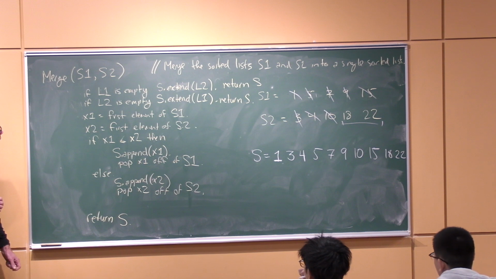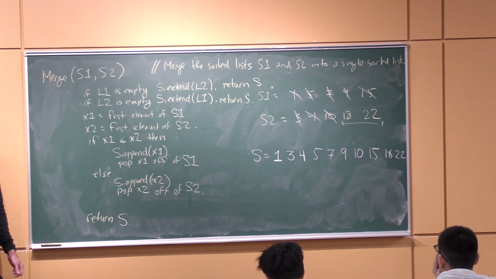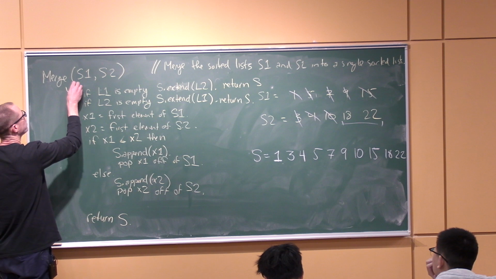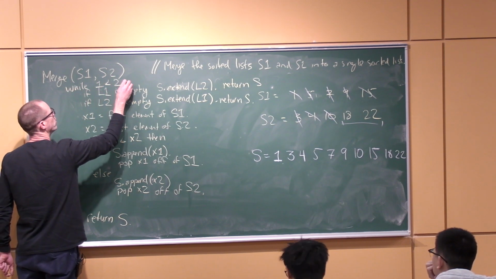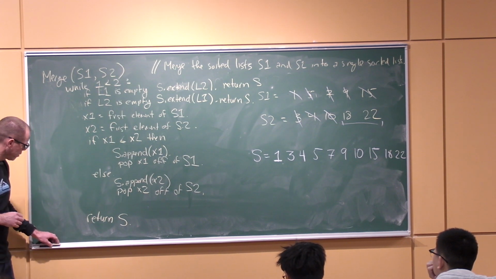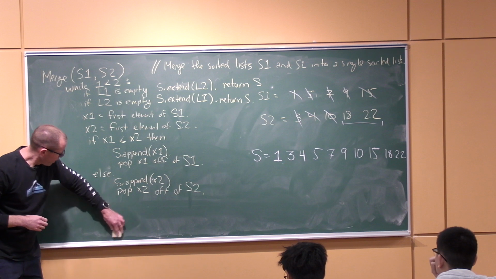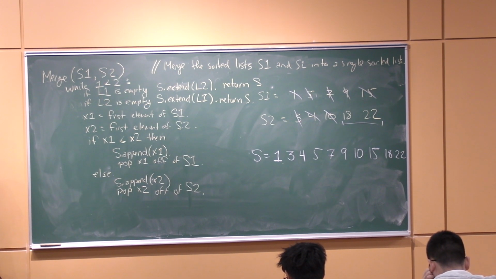Well, both the lists are not empty, so, or well, one of the lists is not empty, or actually you can actually do this forever. So here's one that I like to use. While 1 is less than 2, then execute this code. And let's convince ourselves that this will work.